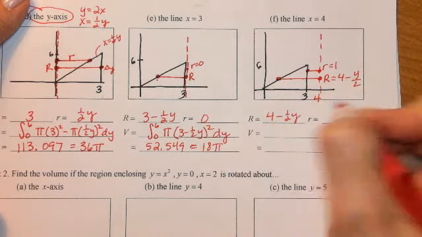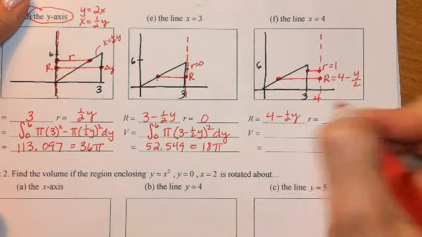This is where you need to be very, very careful putting it in. When you have x squared and then it's all squared, be careful putting that in your calculator, okay? This gives us 46.914, which is 224 pi over 15.